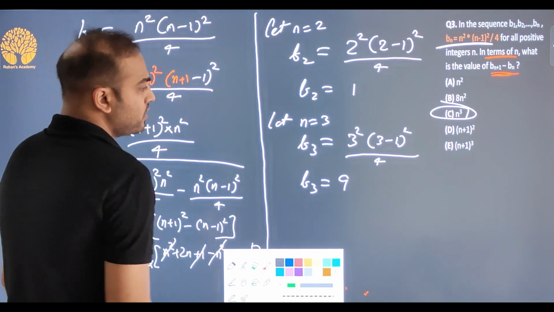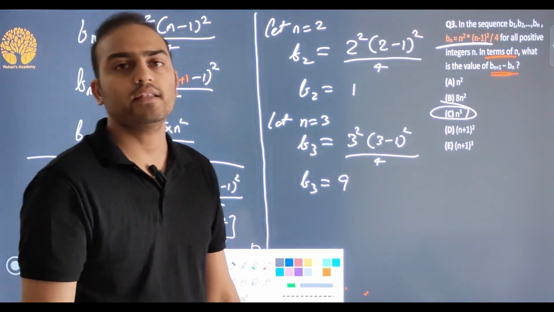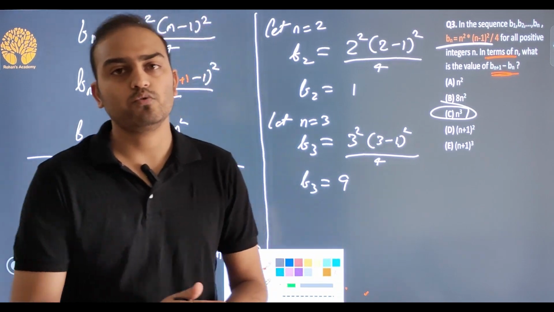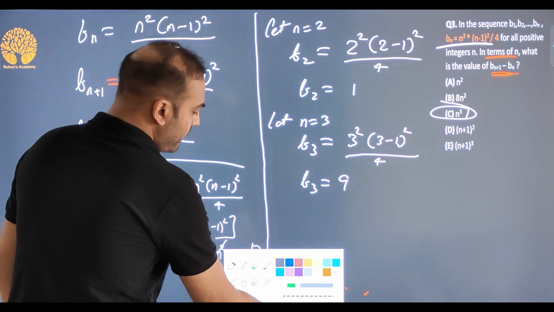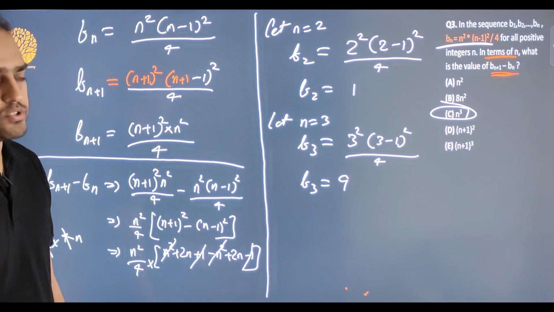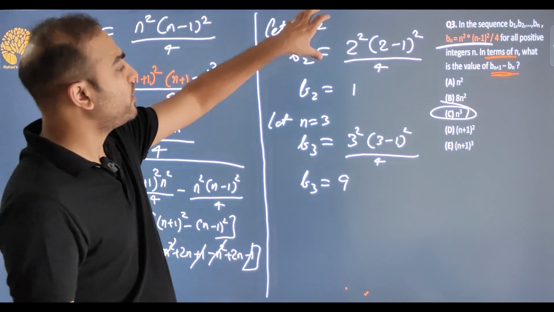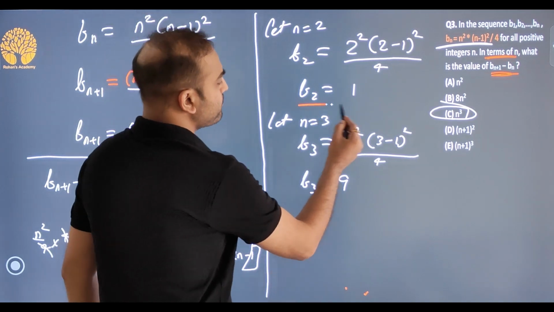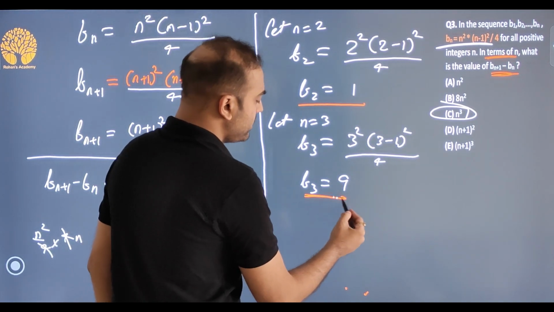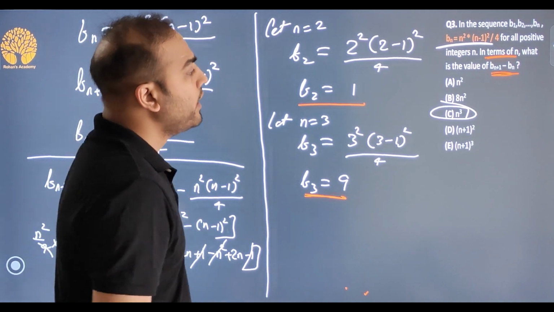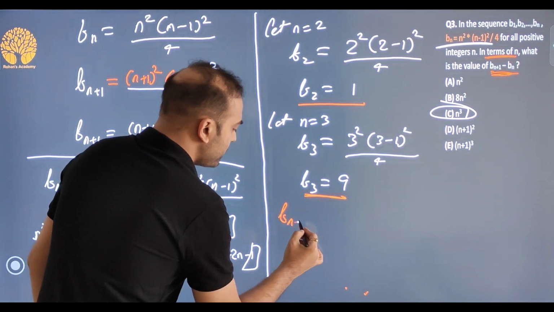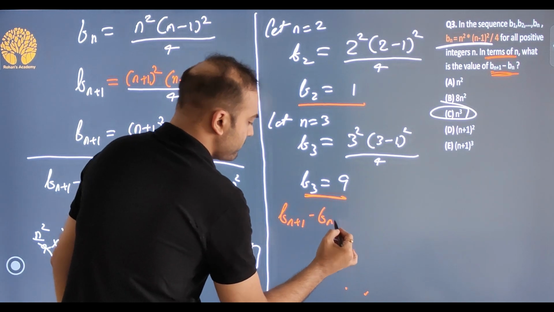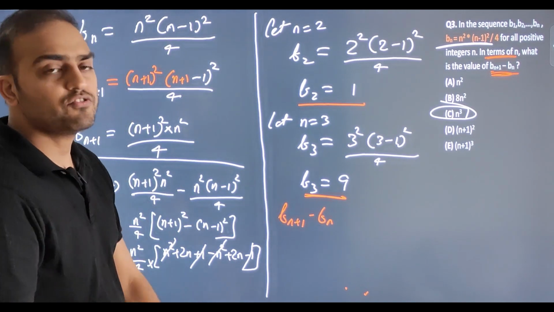Now this is one way to solve, the theoretical way. Or as I said in this entire topic, you can simply plug in values. I already know b2 is 1, and b3 is 9. In this question, bn plus 1 minus bn, I put n as 2.